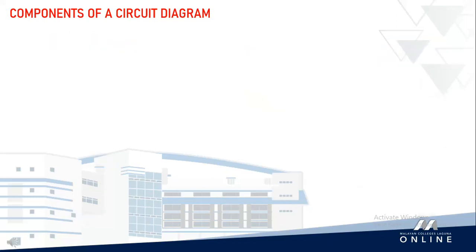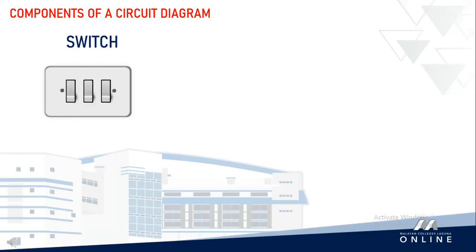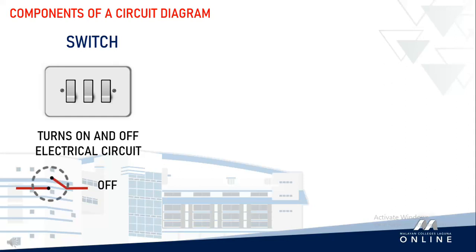We cannot forget, of course, the switch, which turns the flow of electricity on and off. If the switch is represented as this, it is off, and you see a gap between the two connections, signifying current will not move. On the other hand, if the switch is represented as this, it means it is on. We often see this representation as well in our circuits.